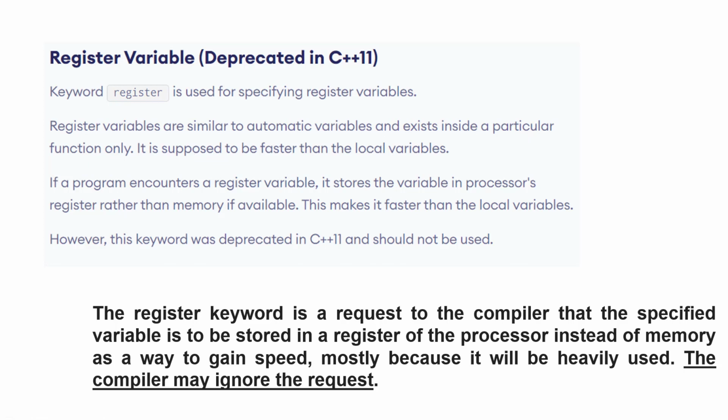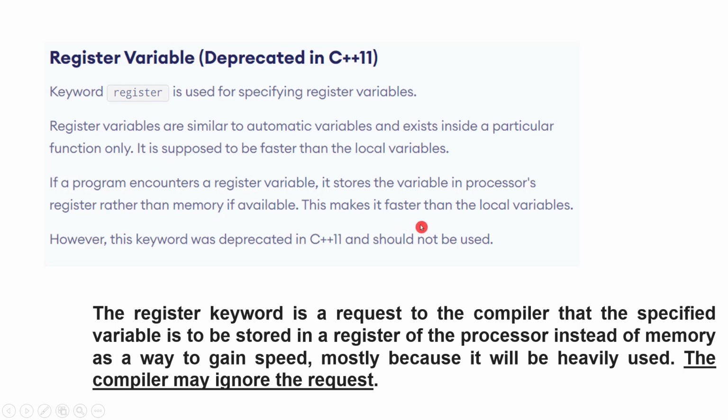If a program encounters a register variable, suppose we're defining a variable as register, it stores the variable in the processor register rather than the memory, if available. So the value of that variable will be stored in the processor register rather than in the memory. So this makes it easy to call back the values. I think it's very clear to you.